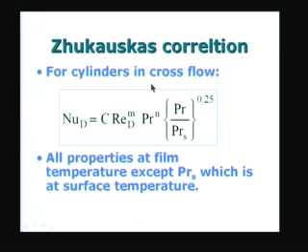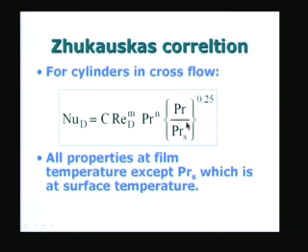For cylinders in cross flow, the information is represented in the form of a relationship of the form Nu_D, this is called the Nusselt number, given by a constant C multiplied by Reynolds number to the power of m, where d is the characteristic dimension. In this case, it will be d0. Prandtl number to the power of n, and then a ratio of Pr by Pr_s to the power of 0.25, where s stands for the surface temperature.